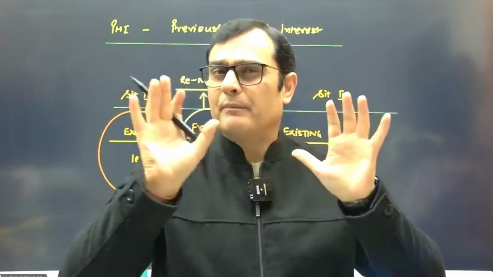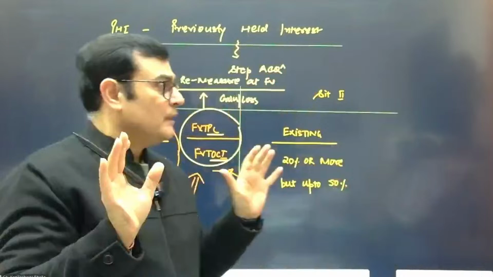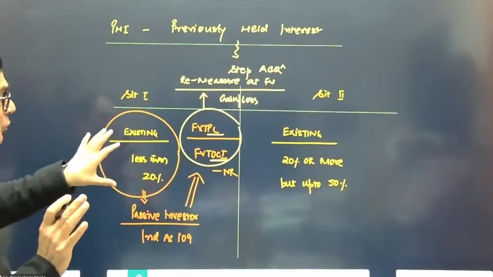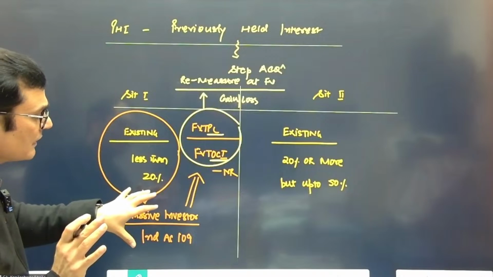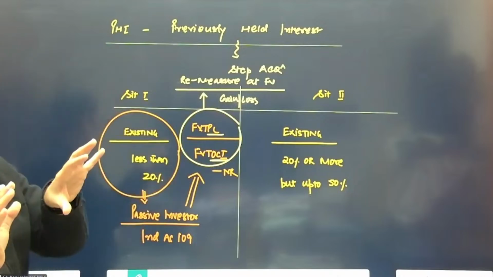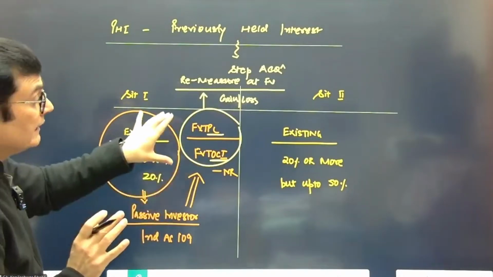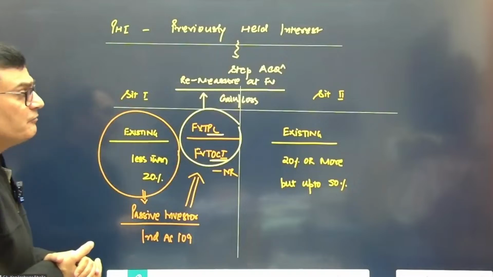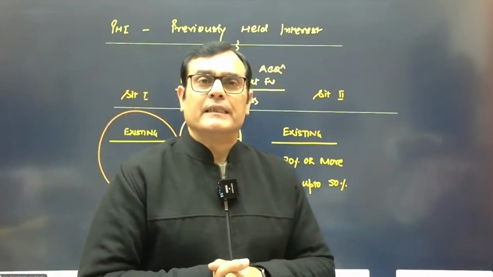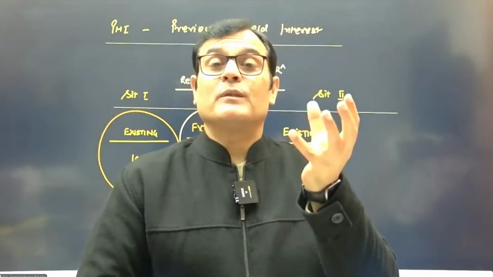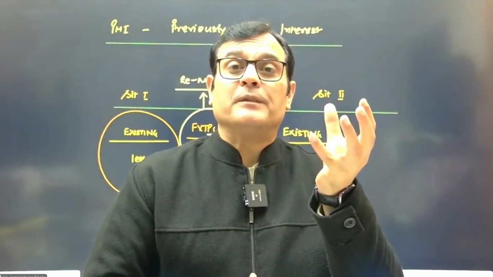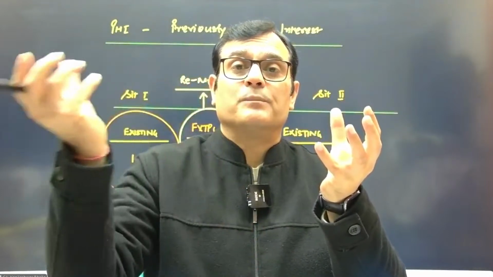Don't worry, I'll map out the chart as well. But what is the basic input you need? You need to first of all understand that this investment was accounted under 109, and in terms of 109, he would have considered either FVTPL or FVTOCI. That instruction will be given in the question. If that investment was accounted under FVTPL, the fair value gain or loss goes in the P&L.